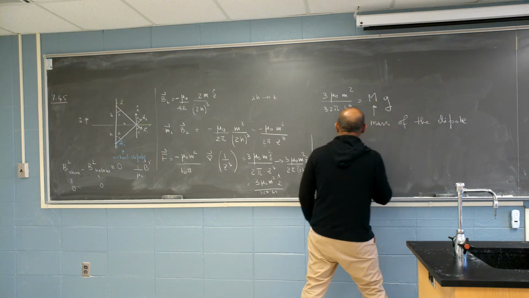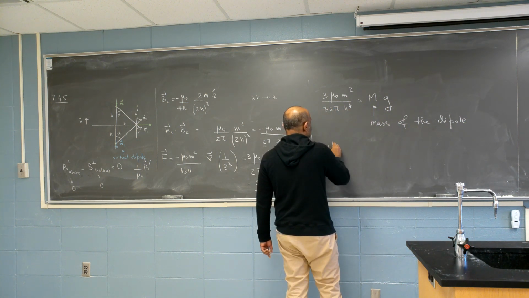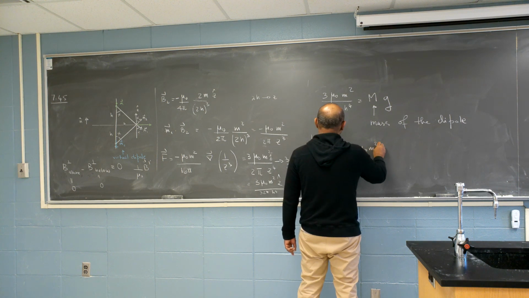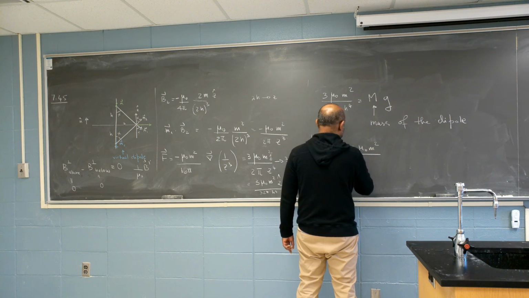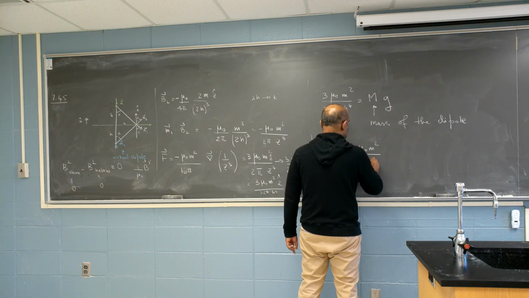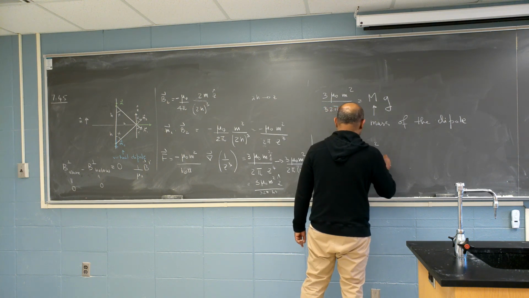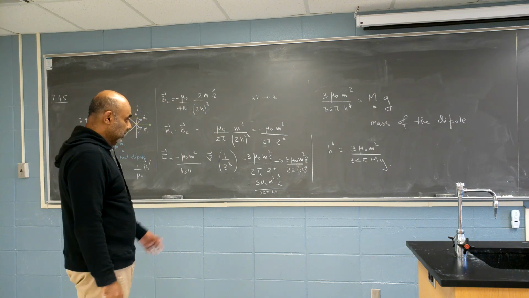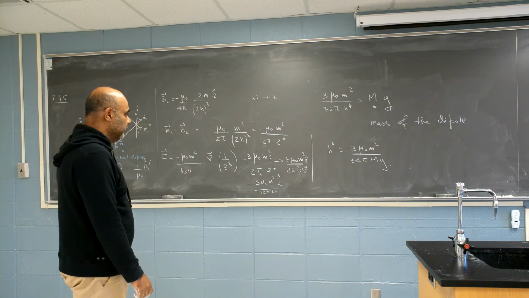And if the question is what is h, you can say h to the 4th is 3 mu0 m squared over 32 pi mg. That's the height at which the magnet will float.